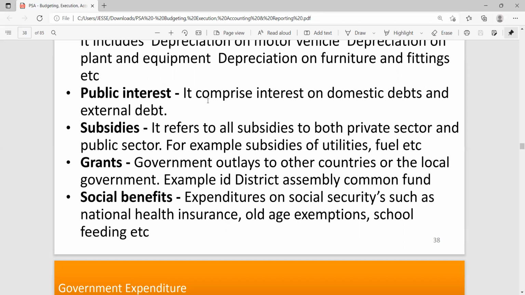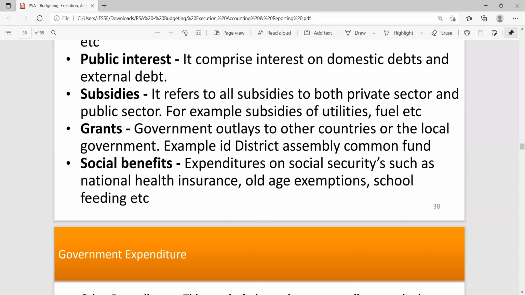The electricity we pay is subsidized, and so that comes as expenditure to the government. Grants are government outlays to other countries or local governments. We learned in previous sections that grants are given out without any requirement for repayment. A typical example would be the District Assembly Common Fund, which is given out to local governments.